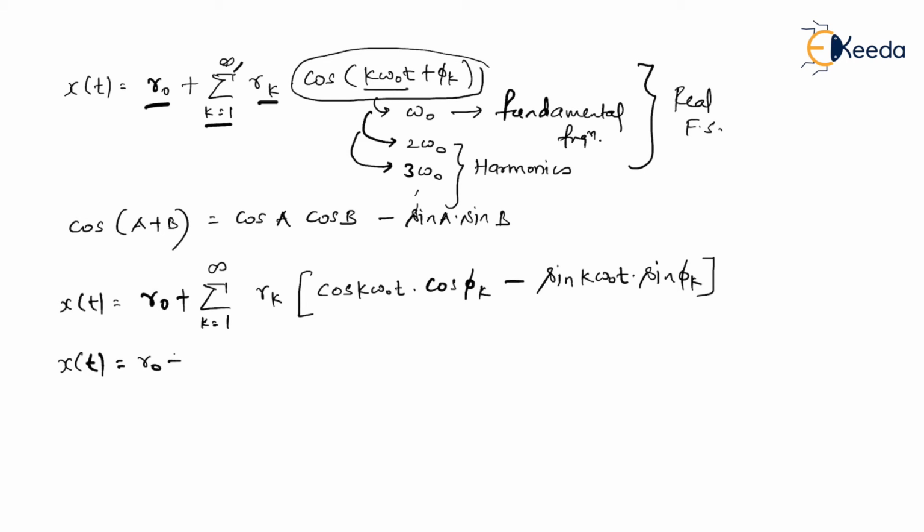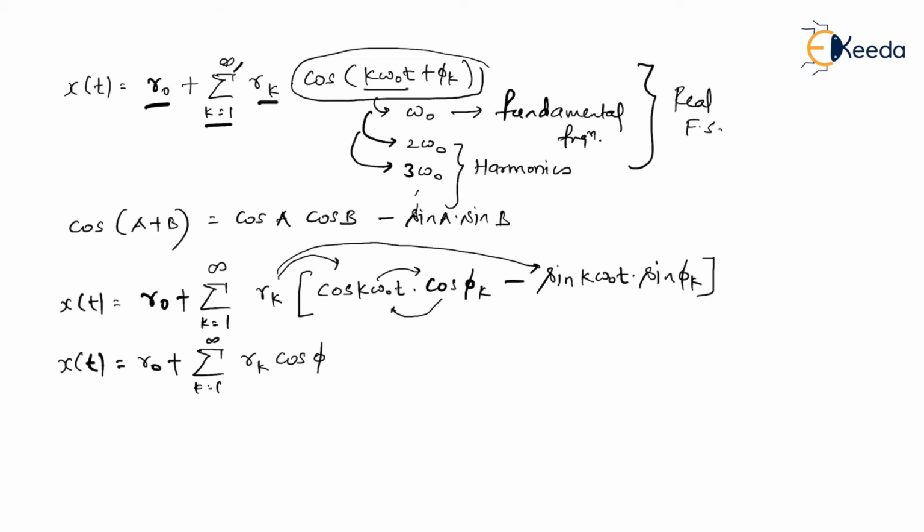I can write x of t as R naught plus the sum from k equal to 1 to infinity. I'm taking this Rk inside the bracket. So Rk will multiply the first term and Rk will also get multiplied with the second term. By rearranging terms, I can rewrite it like this. Of course, it doesn't matter if I write cos phi k first and cos k omega naught t later on.